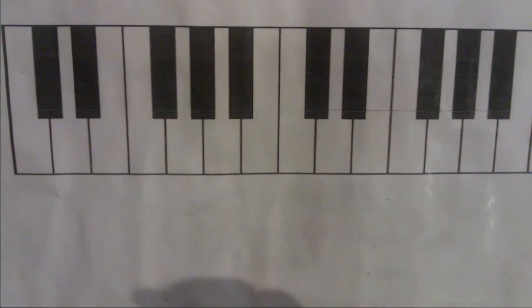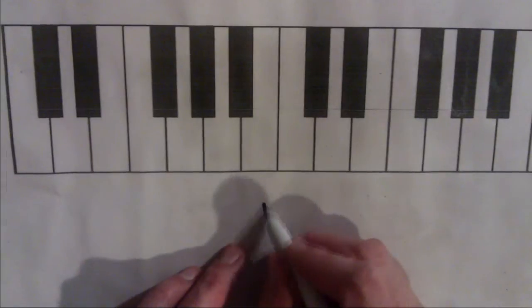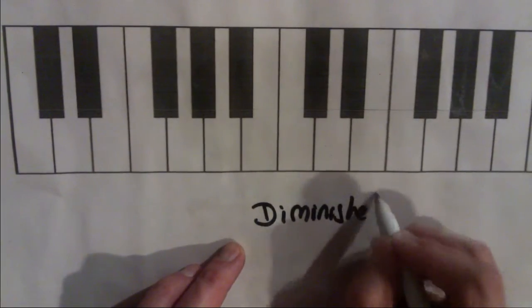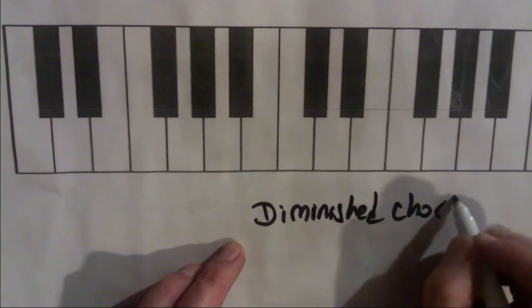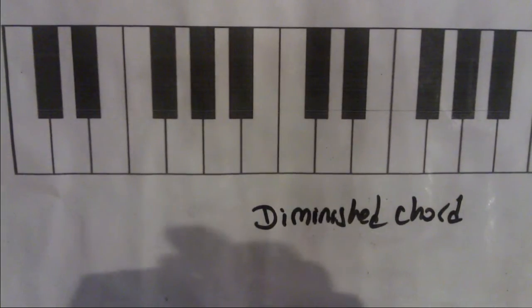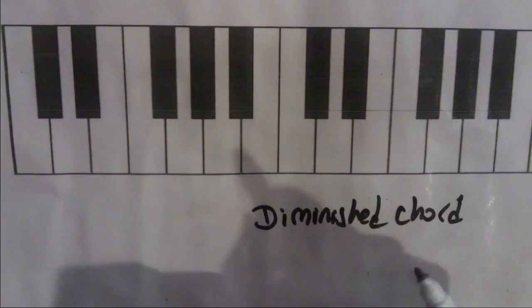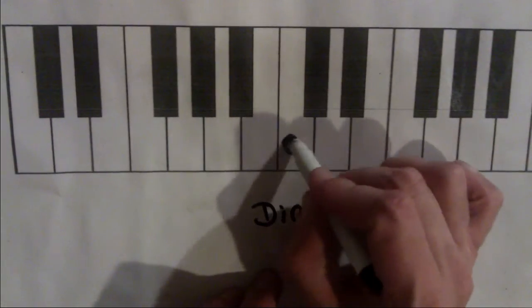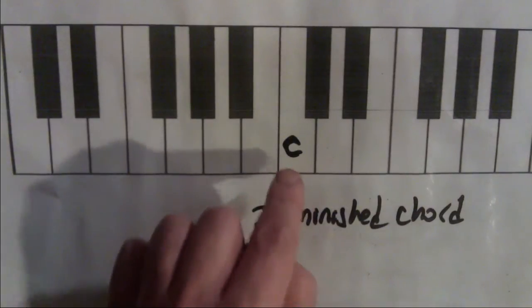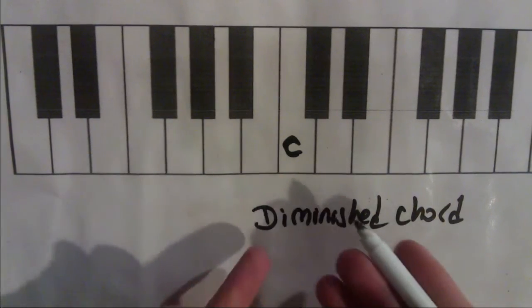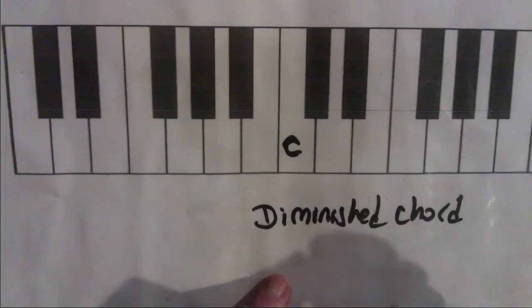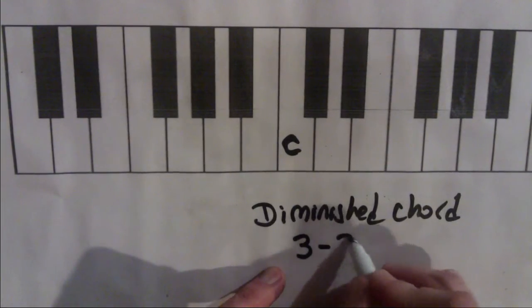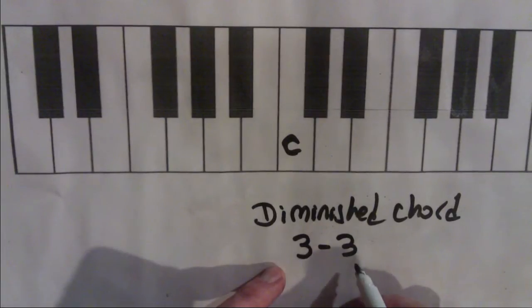Now we can talk about the diminished chord, and say we go from C and we're going to build a diminished chord from there, but we need a structure for that. The structure for the diminished chord is going to be 3, 3, 3 semitones, another 3 semitones.